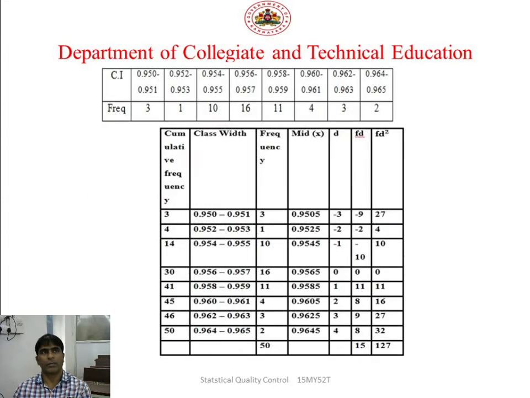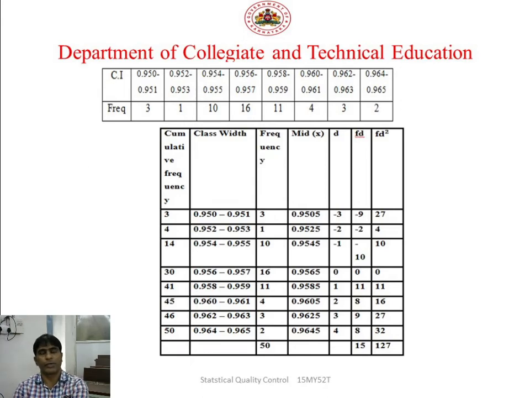So the table he has given is, see here, class intervals. The values are in decimals: 0.950 to 0.951, 0.952 to 0.953. So it is in a difference of 0.001. Like that, the class interval is 0.001.